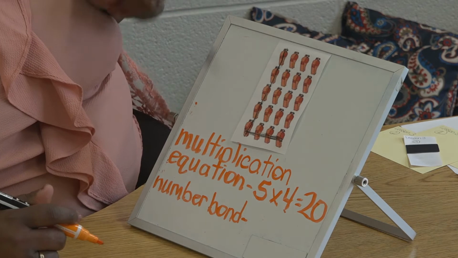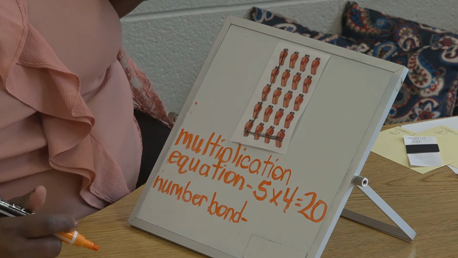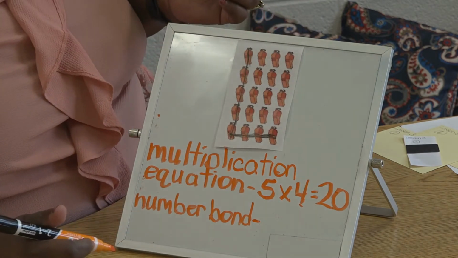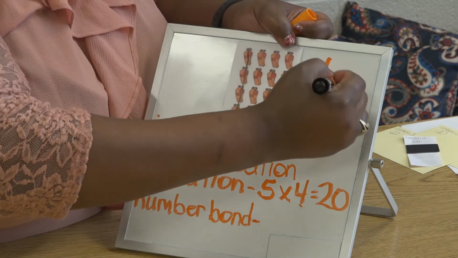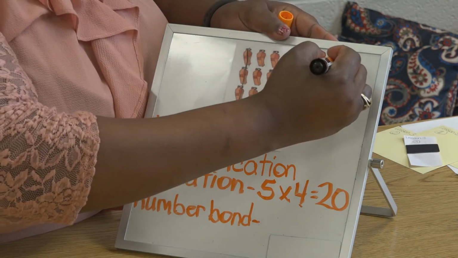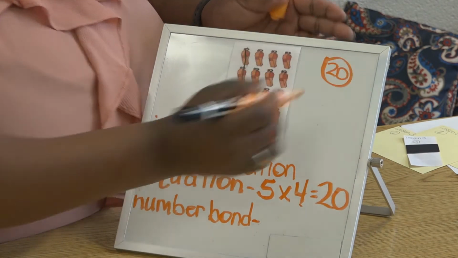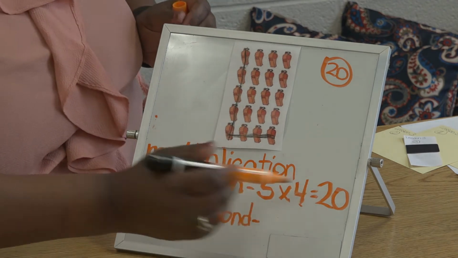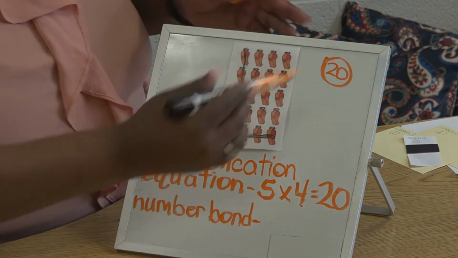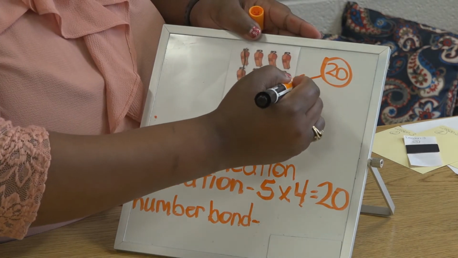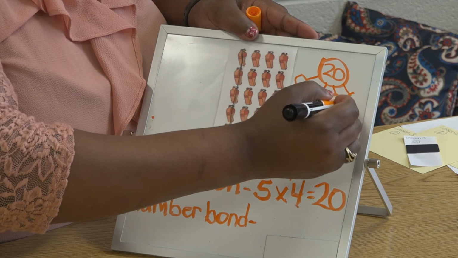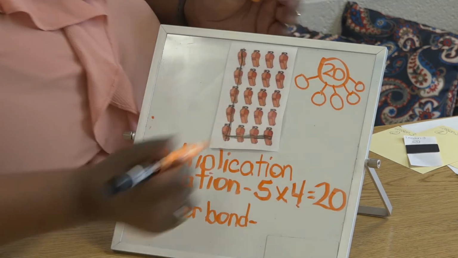The last thing to do with this is our number bond. Number bond, and I will draw it up here. I have more space up here. My number bond. I first start off with the total number of whistles, which would be 20. Putting my 20 in there. That's my product. 5 is my first factor, so that means I need 5 circles. 1, 2, 3, 4, 5.